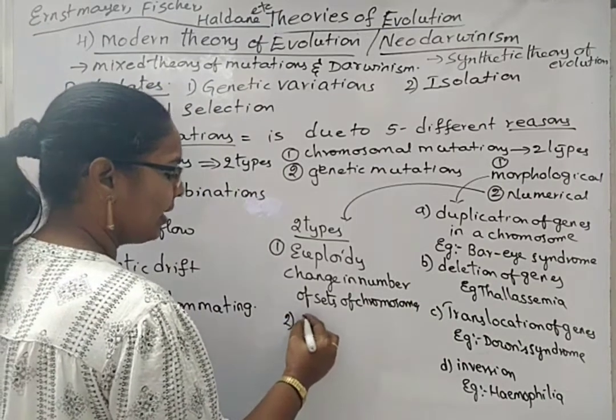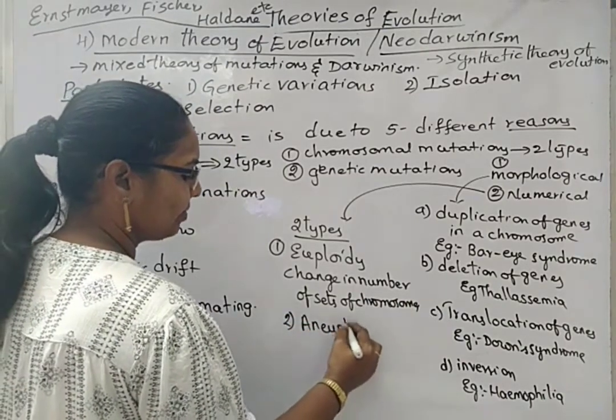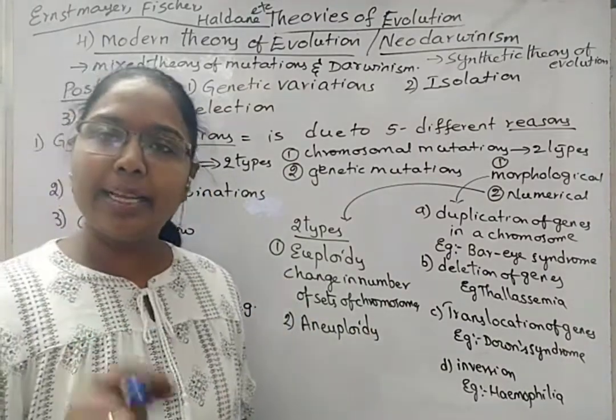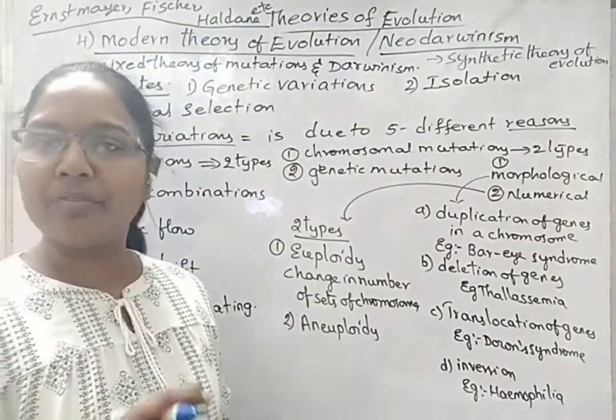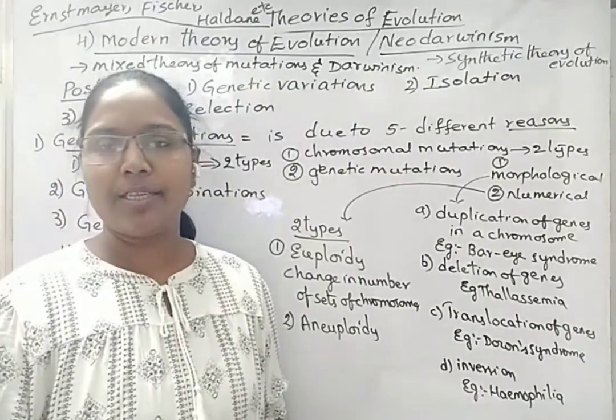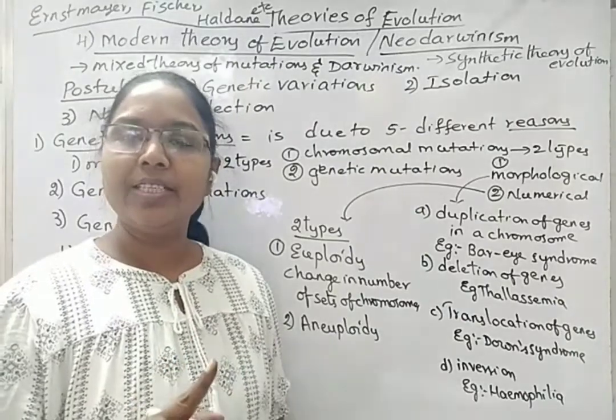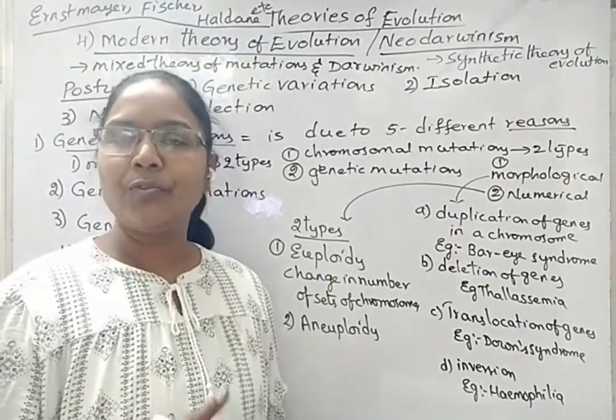Next one, aneuploidy. Here there will be a change in the number of chromosomes, not in the number of sets of chromosomes. Then what is the difference? A gamete, either male or female, is haploid, meaning only one set of chromosomes.